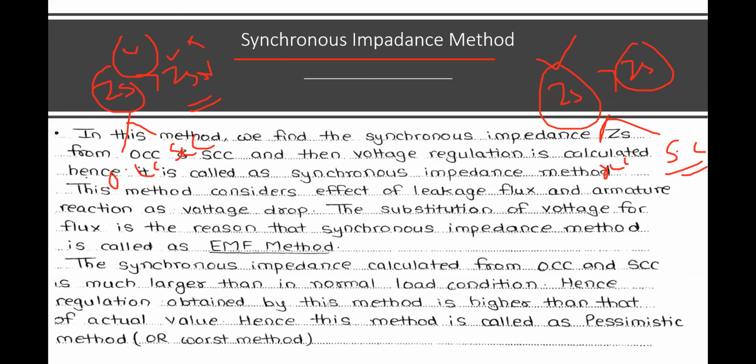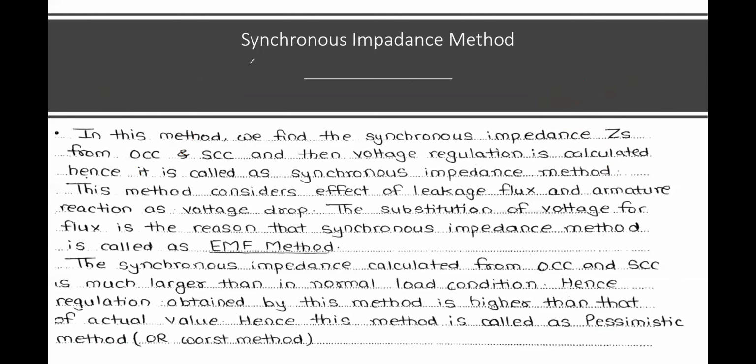That's why this method is called a pessimistic method, or worst method. This is a most important point for your competitive exam. They always ask whether the synchronous impedance method is called an optimistic method, pessimistic method, good method, or none of these. Why is it called pessimistic? Because the calculated value, ZS, is over calculated.